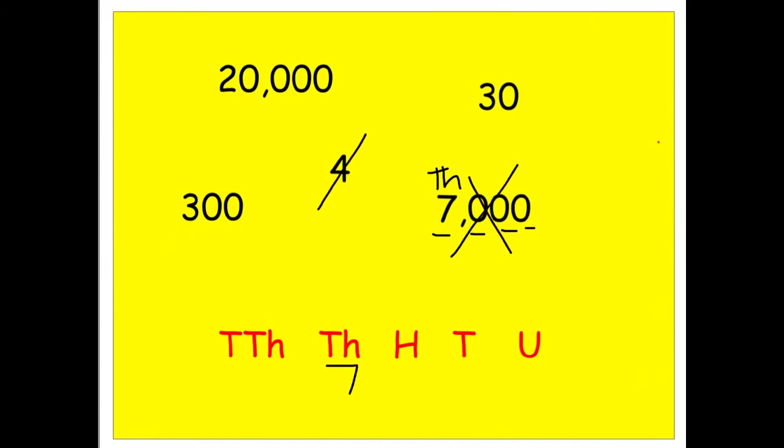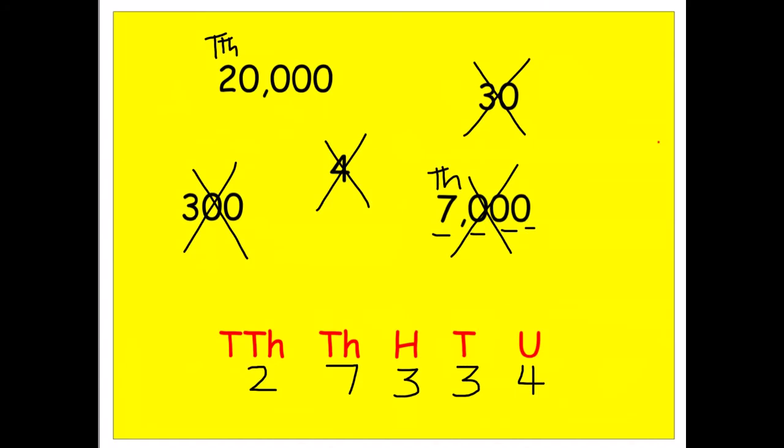I've got 4 units, so I'll put 4 in my units. I've got 3 tens. I've got 3 hundreds. And my last value, I've got 2 in the tens of thousands. So my answer then is 27,334.